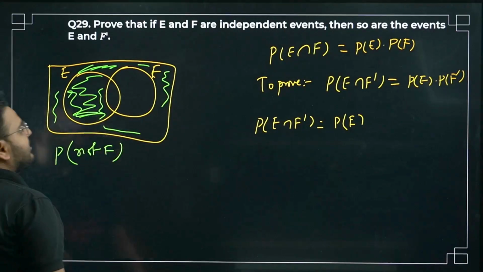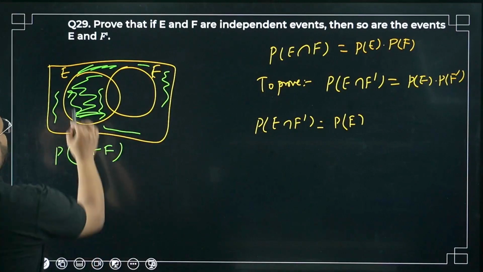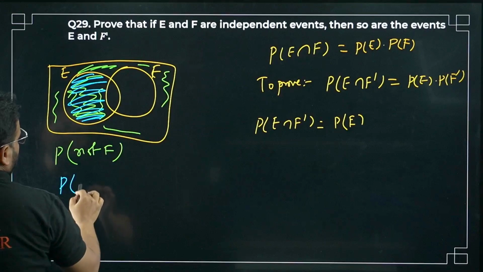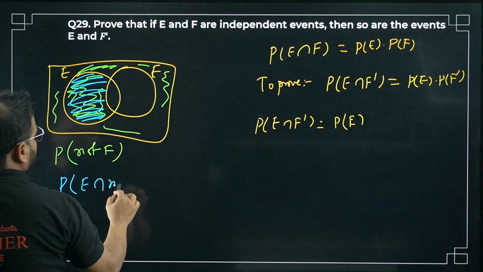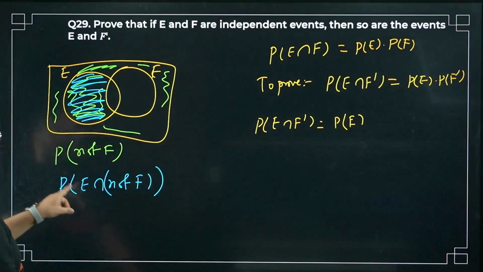Not F, intersection of this with E. What is the answer going to be? Only this part. This is going to be P of E intersection not F, since F is not there. What is that going to be?